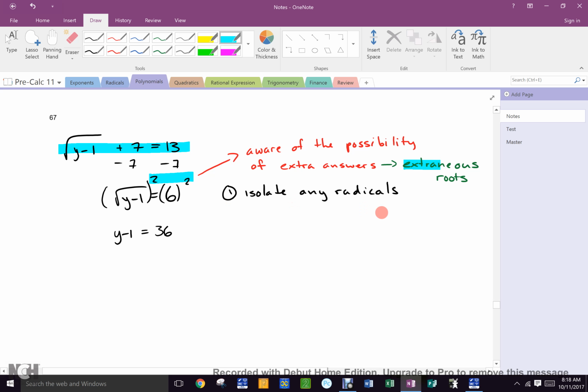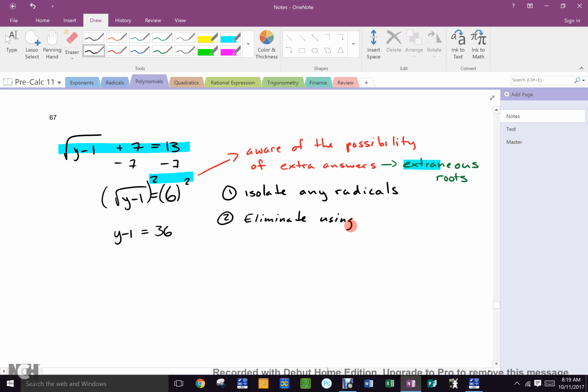Now we've isolated our radicals. Then step 2 is to eliminate our radicals. We've only done square root so far, so how do we get rid of a square root? We square. What if we had a cube root?